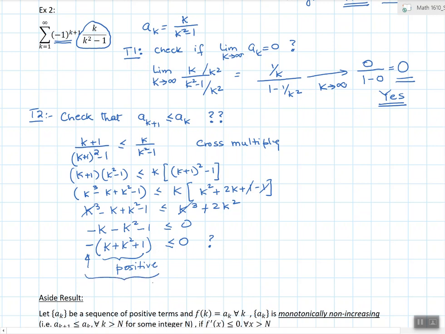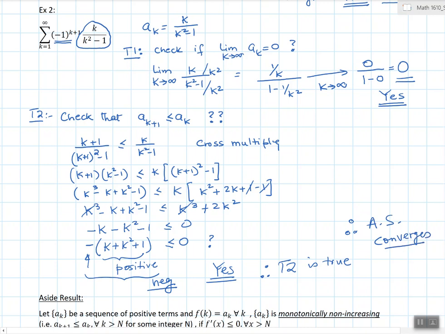So overall, this is a negative number. So is this less than or equal to 0? Yes, sure. So therefore, test 2 is true. So we have test 1 and test 2 both true. So therefore, the alternating series converges.